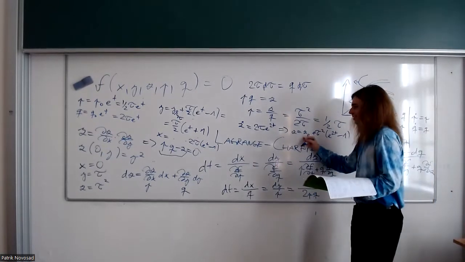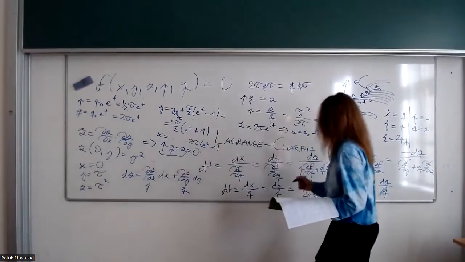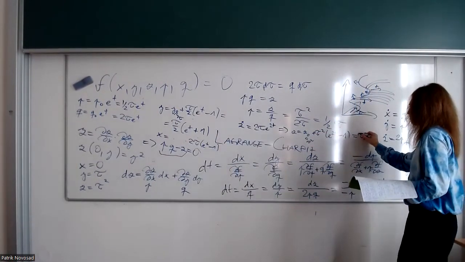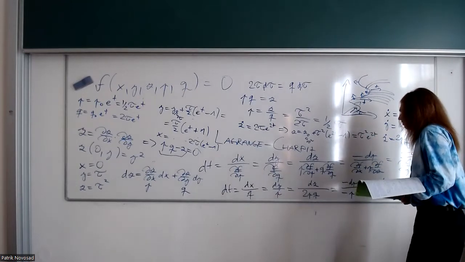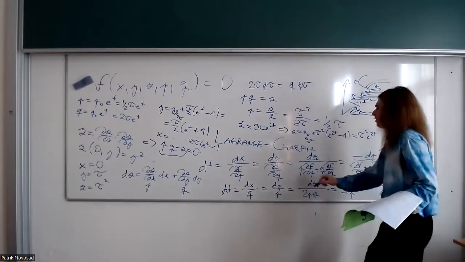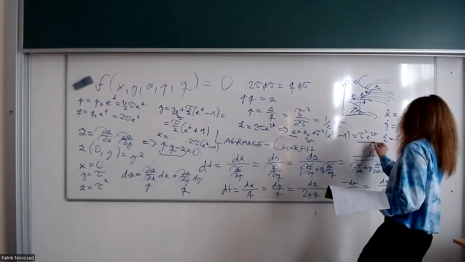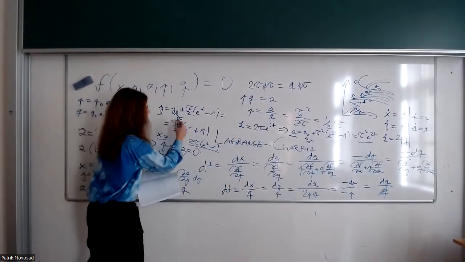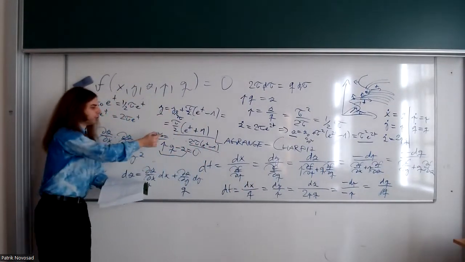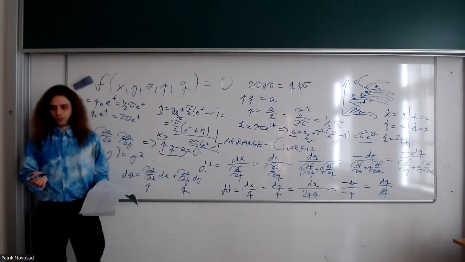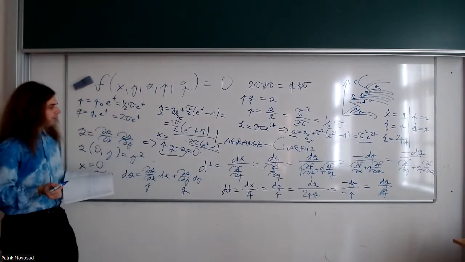And of course, that 0 was tau squared, so we can just add it together and we get this. So this is kind of confusing, but here we have the solution for z, and here we have x and y. So we have already obtained the surface in a parametrical form, and that's the solution.